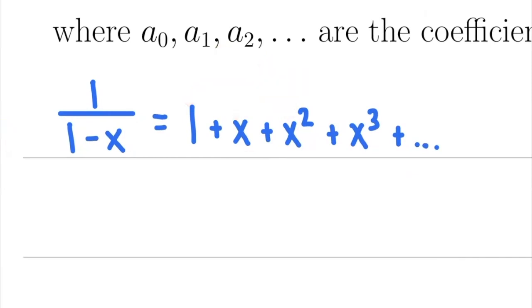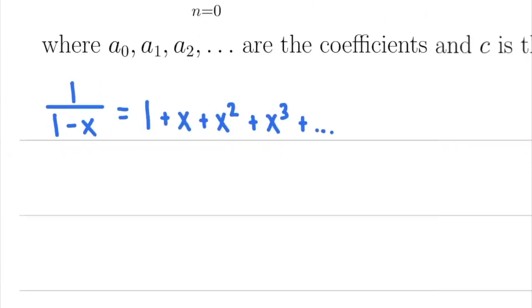And we know that a geometric series converges if the absolute value of the common ratio is less than 1. In this case, the common ratio is x because we're multiplying by x for each term. So this is where this equation is valid: where the absolute value of x is less than 1.